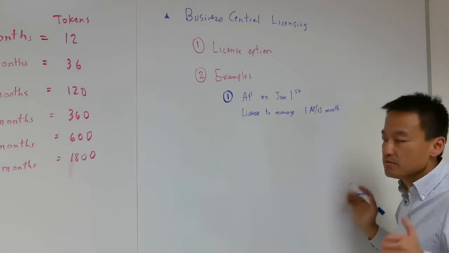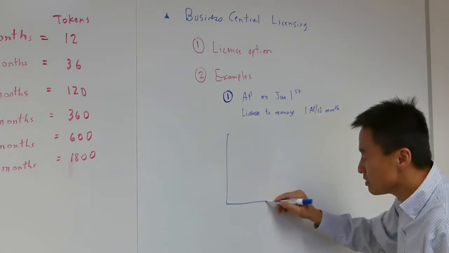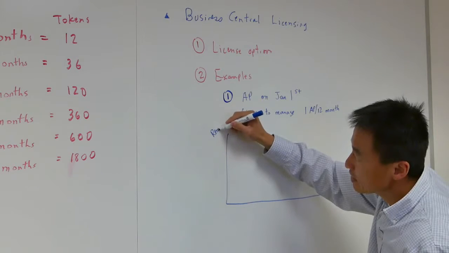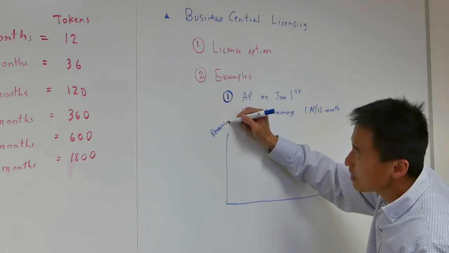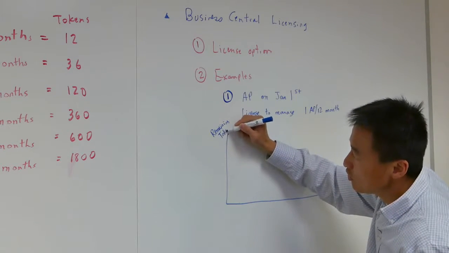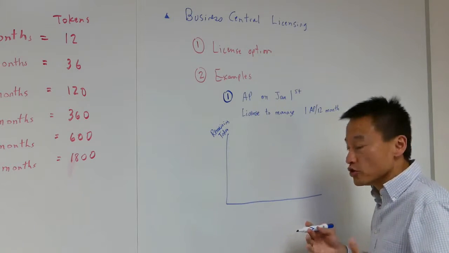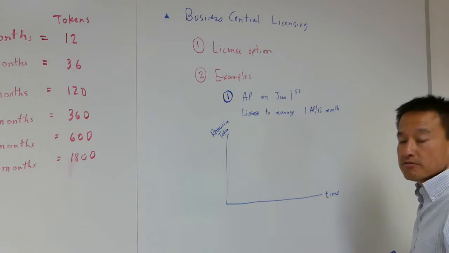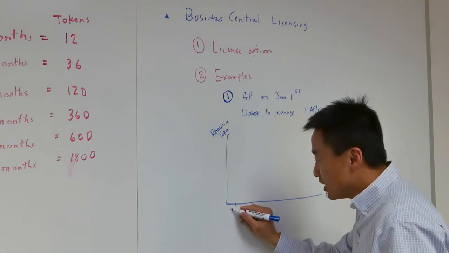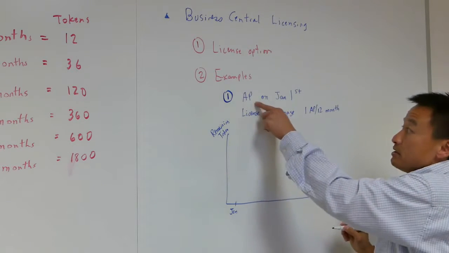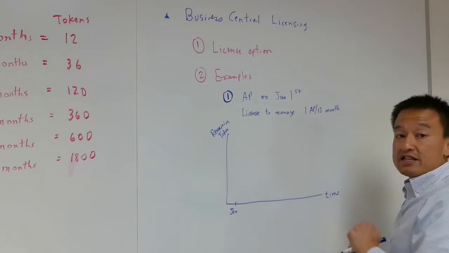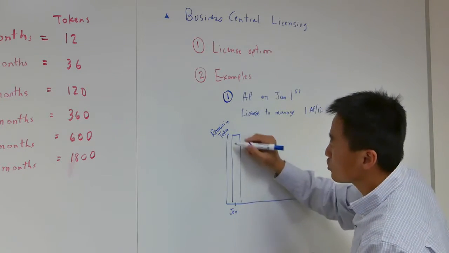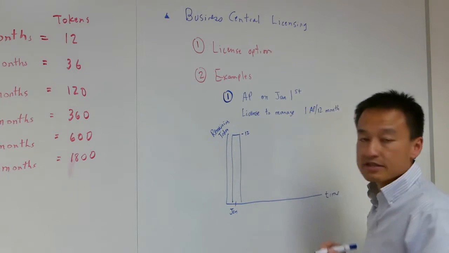This one's simple. If you draw a little chart, let's say this is the remaining tokens or remaining months of subscription, plotted out in terms of time. Very simple. In January, when you first bought this AP, you bought a license, you activate the license, you have 12 months left.